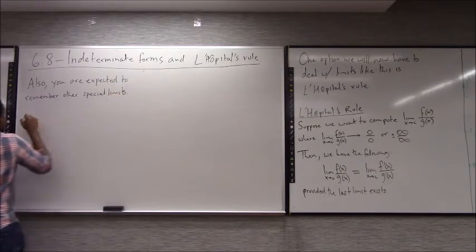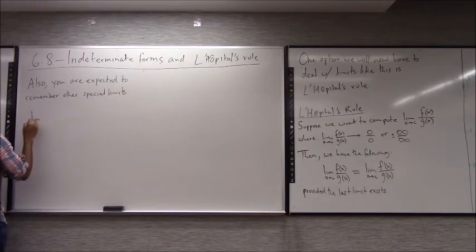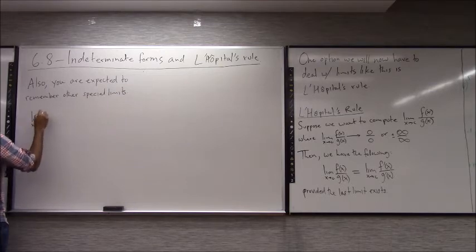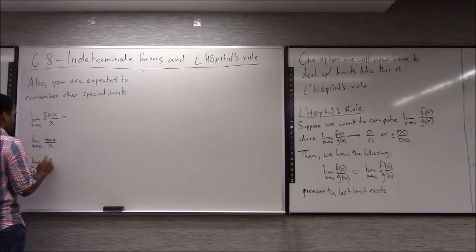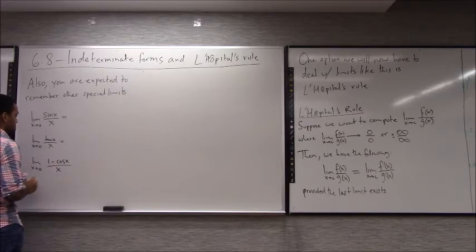So there are a bunch of special trig limits. So for example, if you have the limit as x approaches 0 of sine x over x, or the limit as x approaches 0 of tan x over x, or the limit as x approaches 0 of 1 minus cosine x over x.